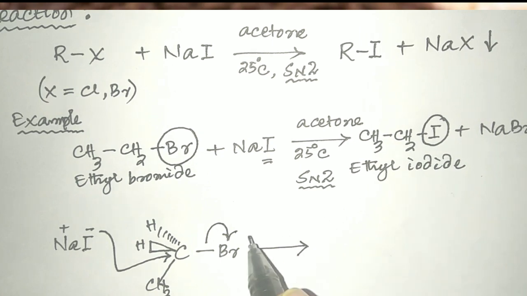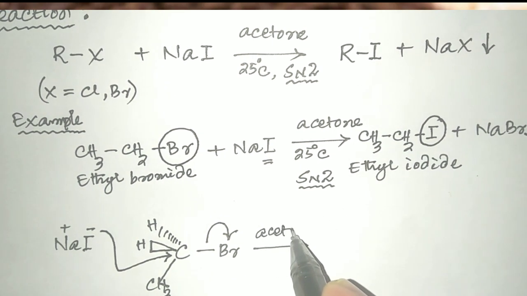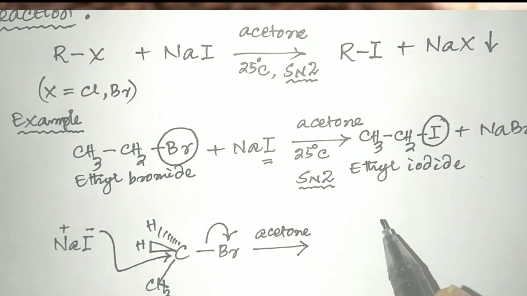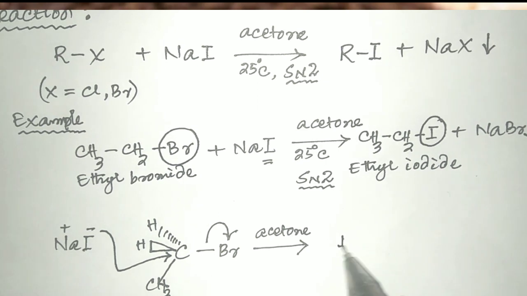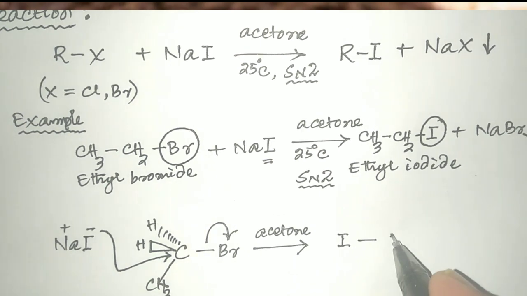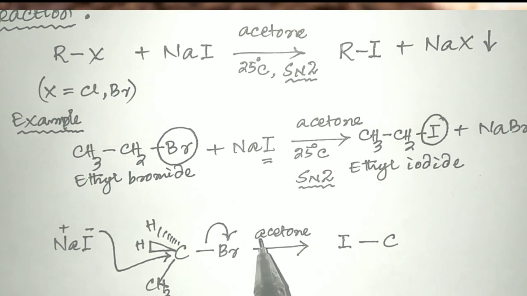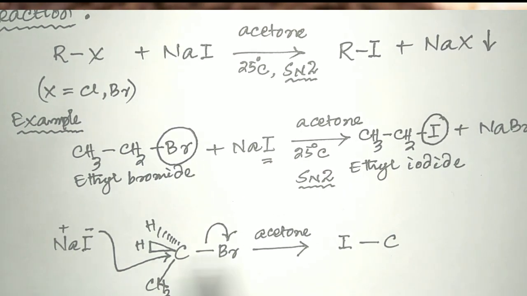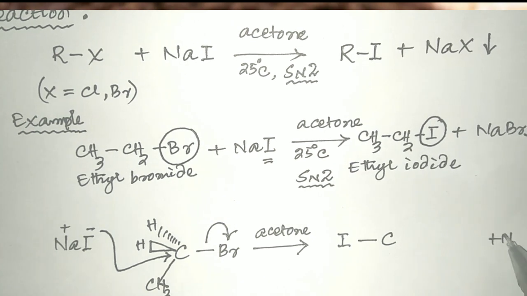As a result of the SN2 reaction, which is carried out in the presence of acetone, you will get this I minus attached to this carbon, and the carbon-bromine bond will be broken.